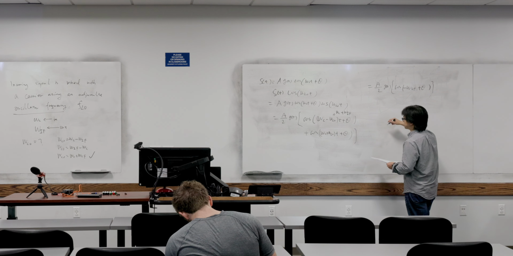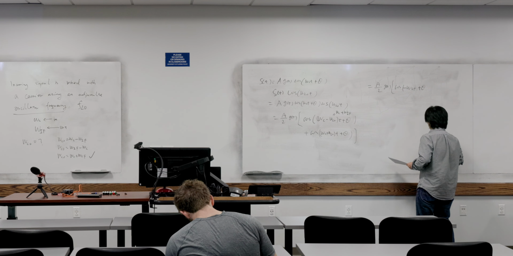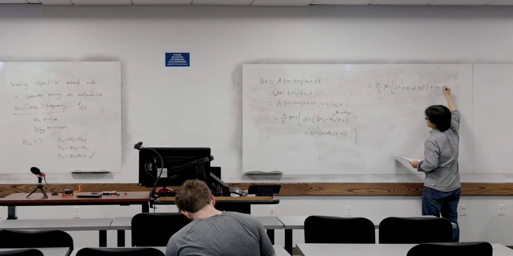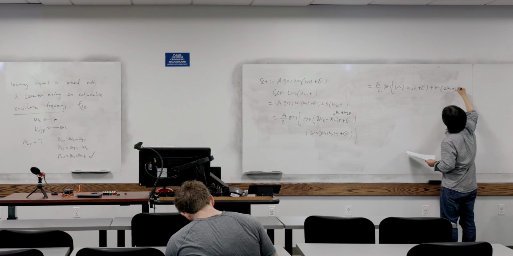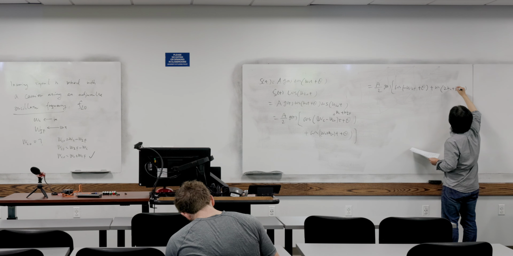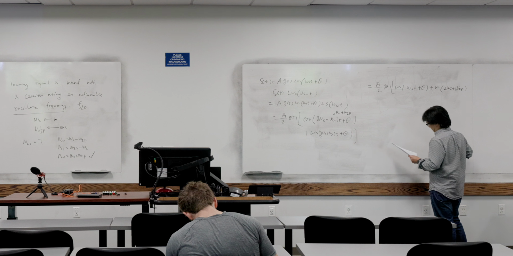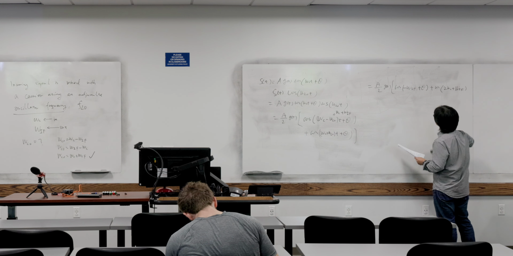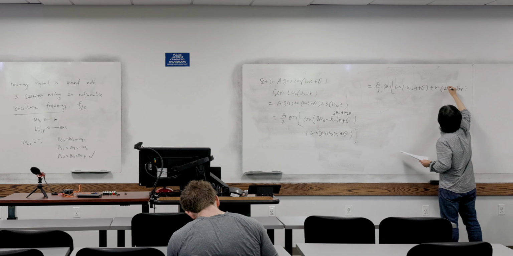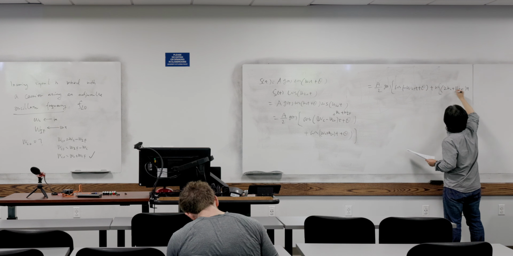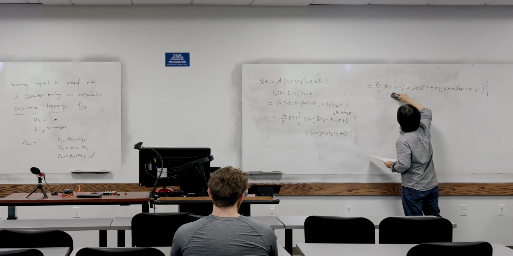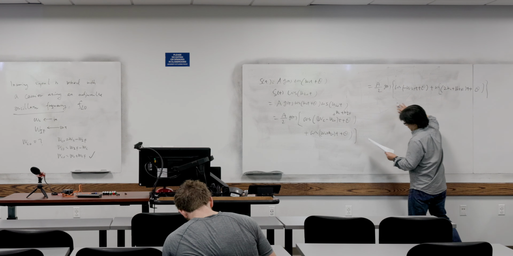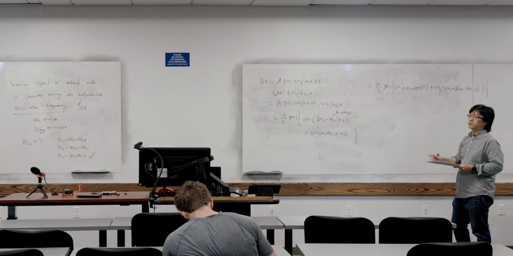And for the second part, we have omega c here and omega c here, so it's cosine of 2 omega c plus omega IF times t, then plus theta.